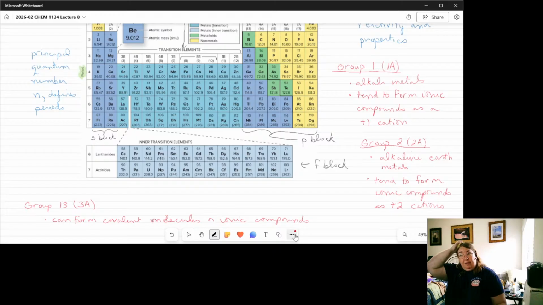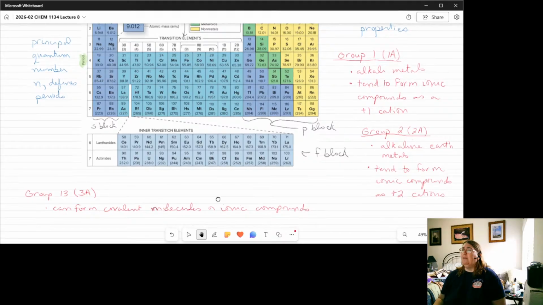If it forms a covalent molecule, the bonds tend to be fairly polar and therefore fairly ionic in nature. That's all something we will cover. But you'll see you kind of go metalloids and then metals, and aluminum is right on that border between metalloid and metal. Metalloids are things that have some properties of metals and other properties not of metals. So they kind of form this little weird boundary between metals and nonmetals.